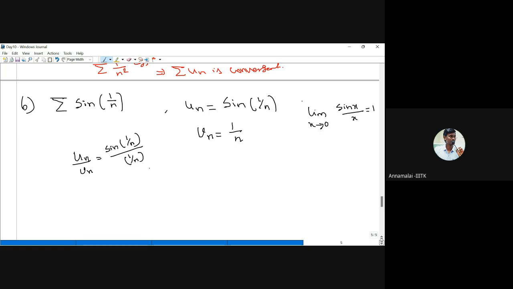As n goes to infinity, that is the same as 1 by n converging to 0, so the same thing as here. Therefore, as n goes to infinity, this goes to 1. So this is a non-zero number. We know that summation Vn, which is 1 by n, is a divergent series. Therefore, summation sine 1 by n is also divergent.